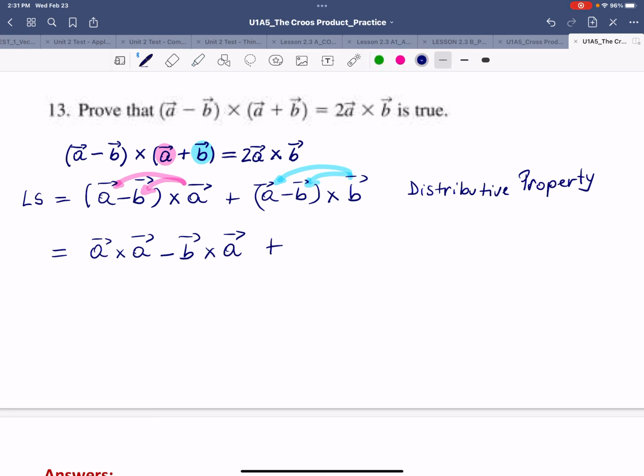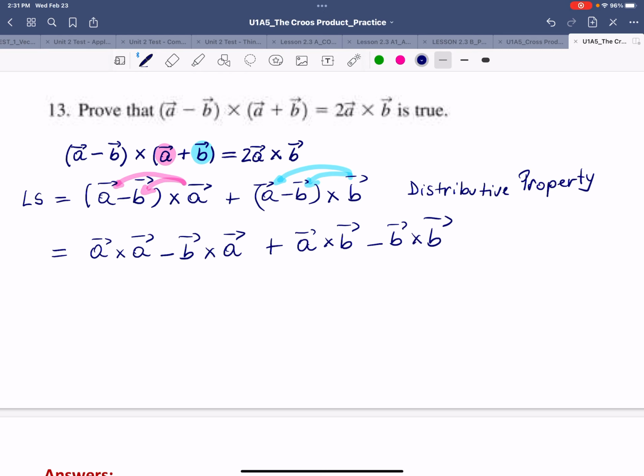So we have A cross B, and then, as you can see here, you have a minus, so that must be minus B cross B.